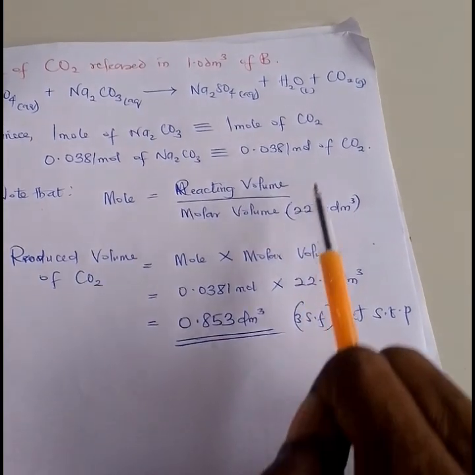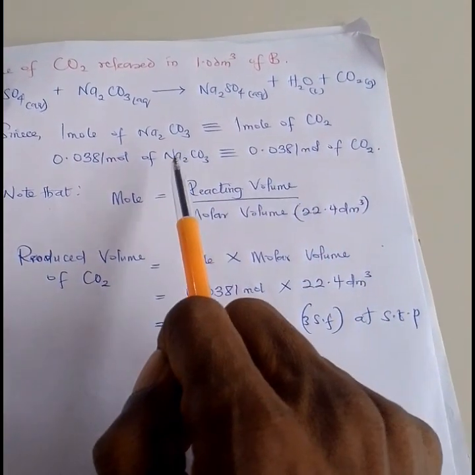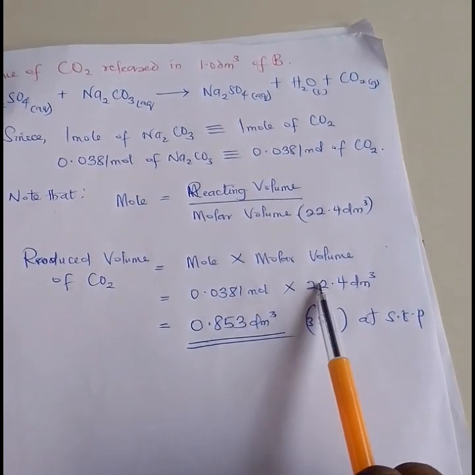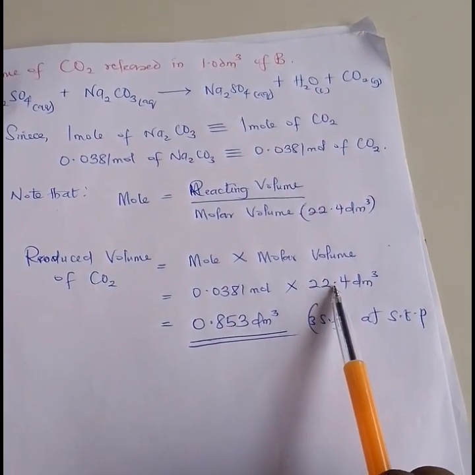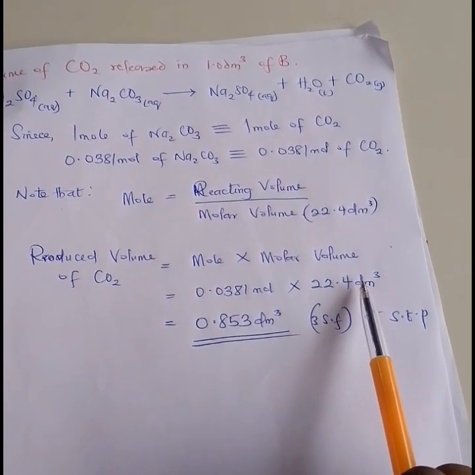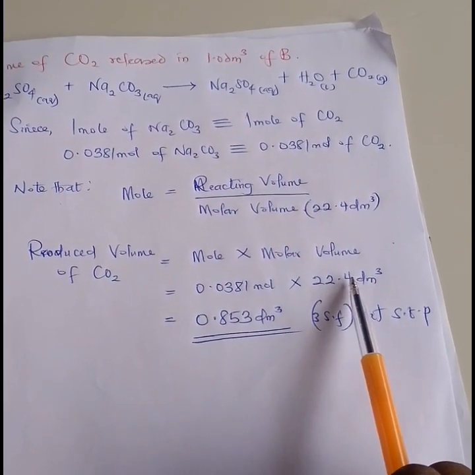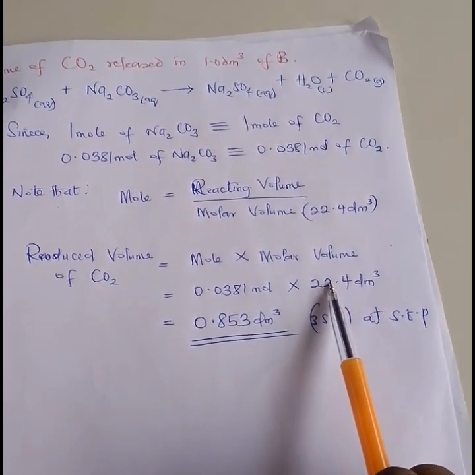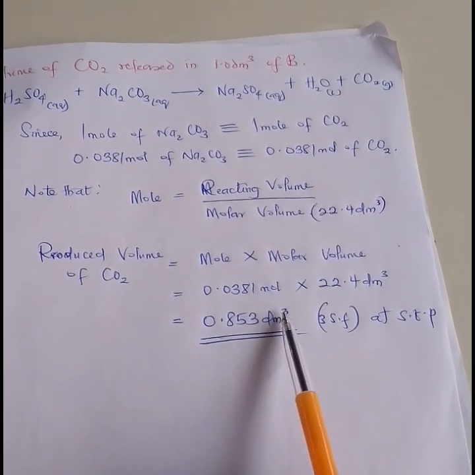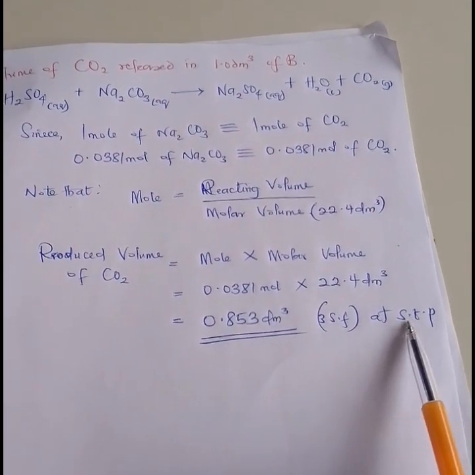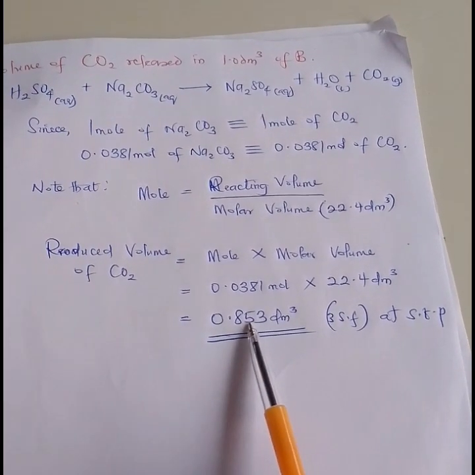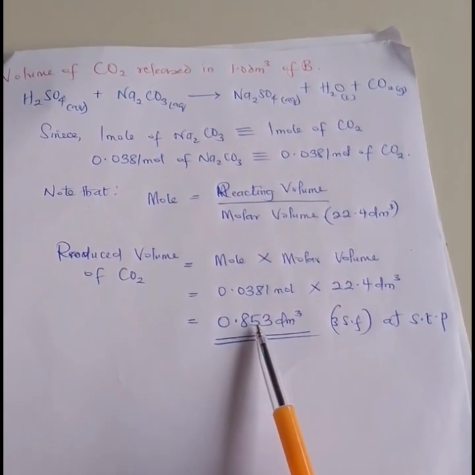That's the mole of CO2 produced, which is equivalent to the mole of the pure Na2CO3, times the molar volume. The molar volume is 22.4 dm cube. 1 mole of any gas is equal to 22.4 dm cube. All right, so multiply this, you have 0.853 dm cube at STP. STP means standard temperature and pressure. Don't forget, it should be in 3 significant figures.